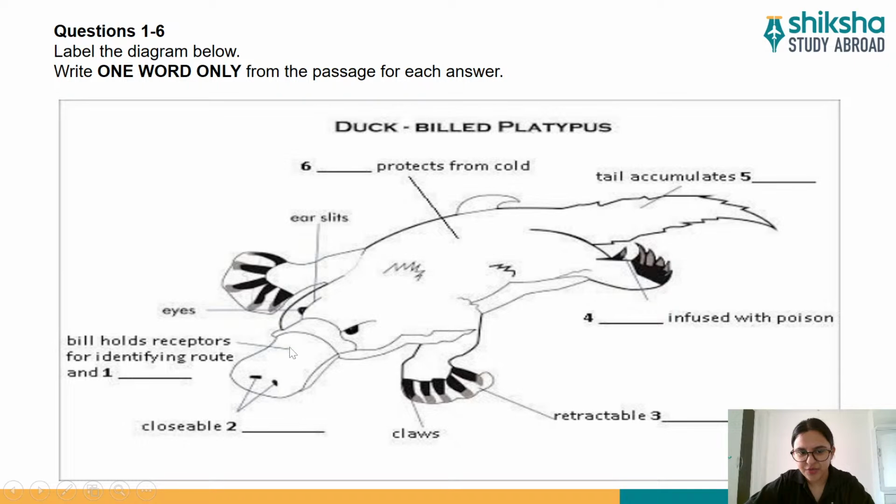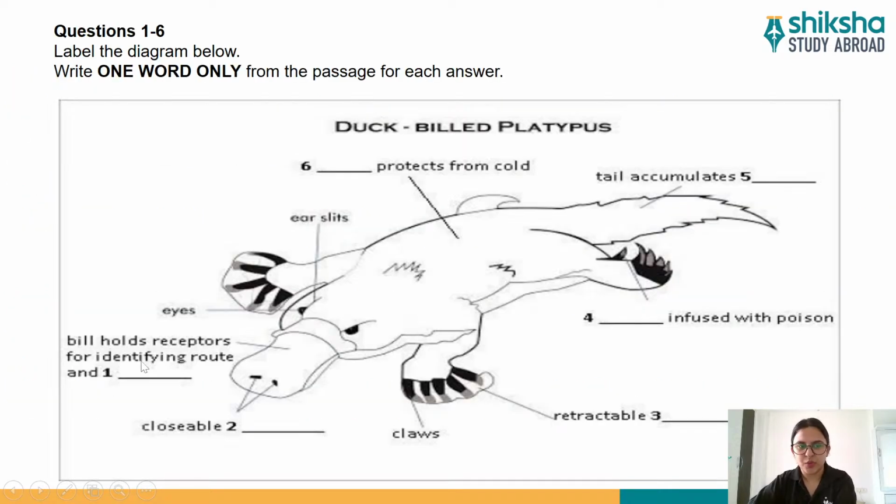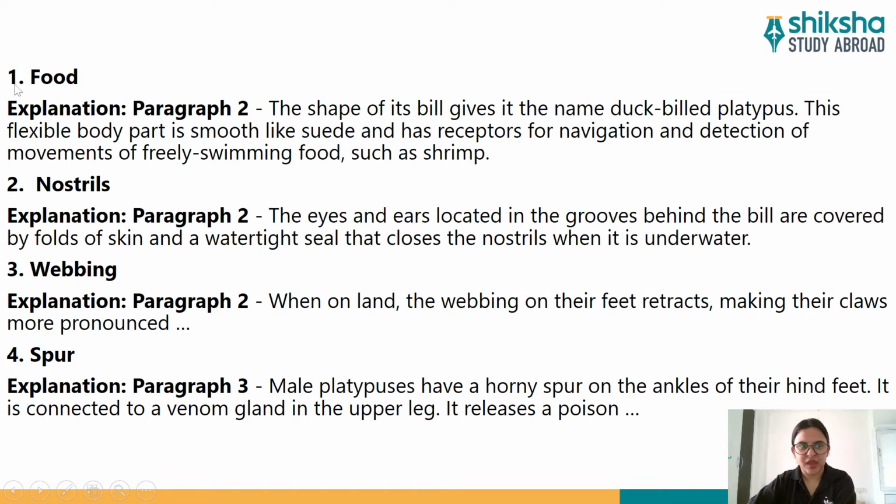The arrow has been listed here to its beak. So the bill holds receptors for identifying root and, what else? Food. So there are 2 things which the bill can hold or identify. The first is food.